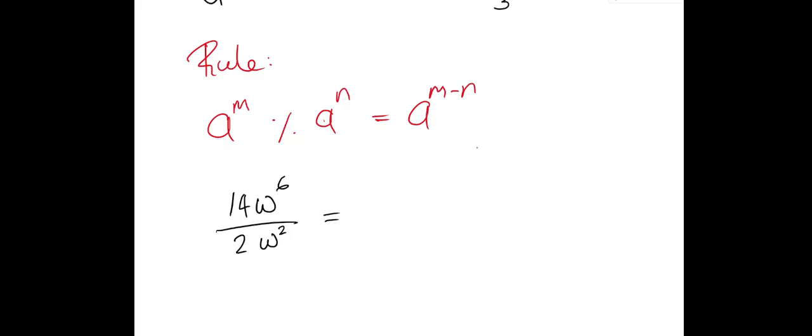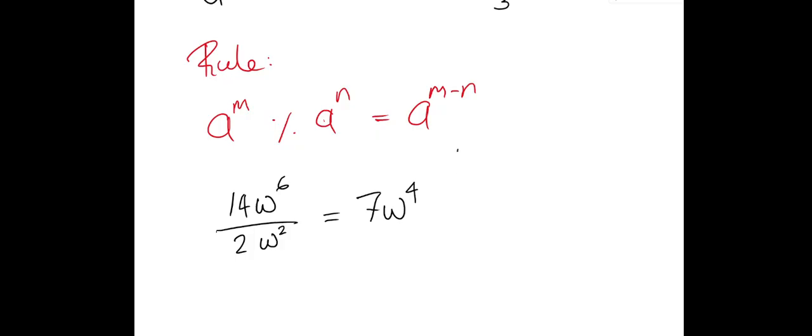Well, using that rule and also remembering to divide the coefficients, 14 divided by 2 is 7, dividing the coefficients, subtracting the indices. 6 minus 2 is 4. The w comes across. That's how that's done.